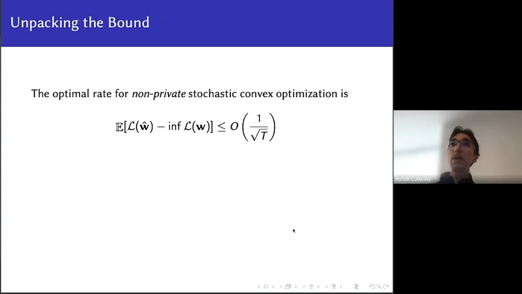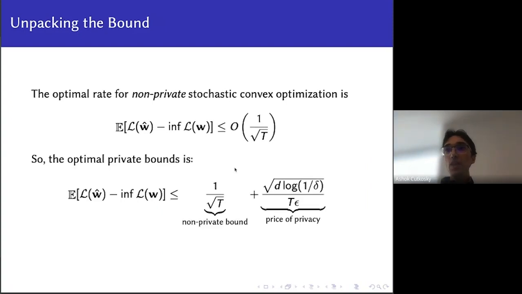So let's unpack this bound just a little bit. It turns out that the optimal rate without worrying about privacy, so the worst case optimal rate for non-private stochastic optimization, is already 1 on root T. You cannot improve upon this. So the optimal private bound can be decomposed as some non-private term plus some kind of price of privacy, right?